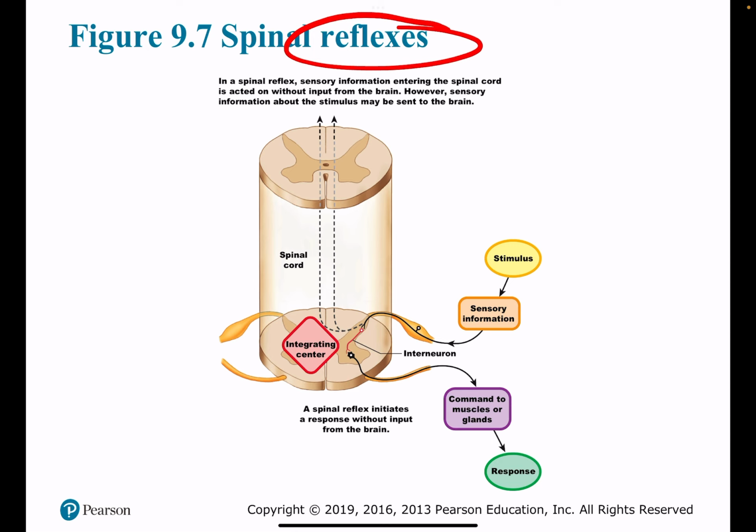So we're going to send info up to the brain, but that actually gets processed after you remove your hand. Your hand moved off first before your brain goes, oh damn, that was hot. Now it feels like the same, but it wasn't. So a reflex for spinal reflexes is something that is integrated completely within the spinal cord for it to occur.